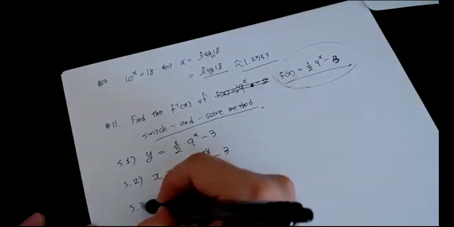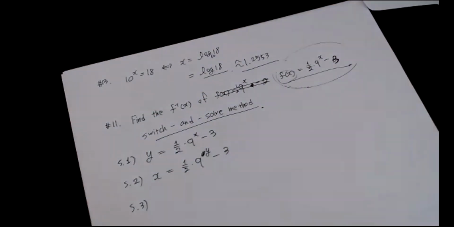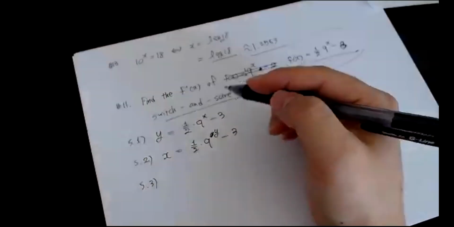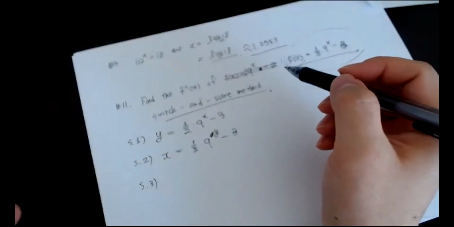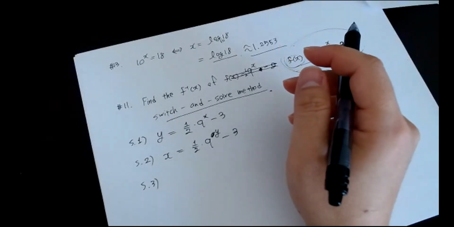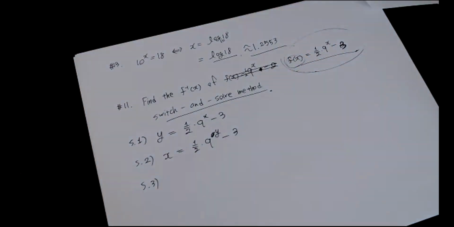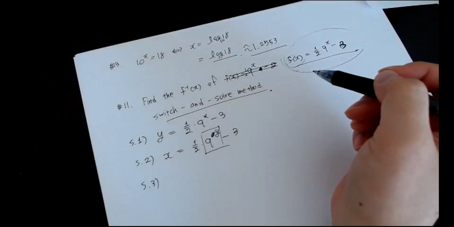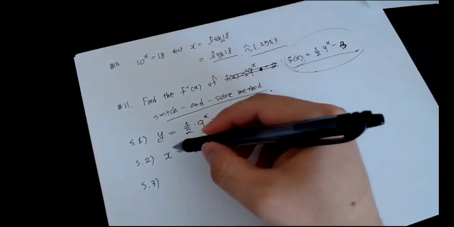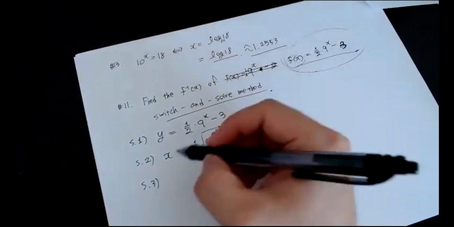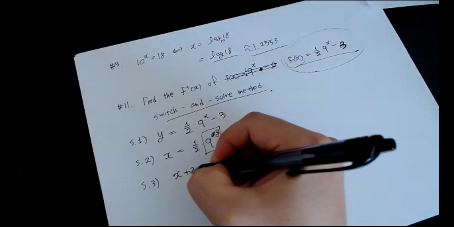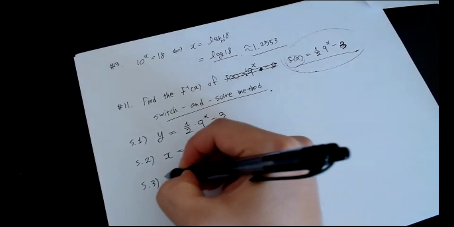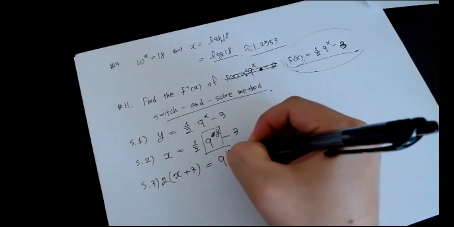Now we solve that equation for y. If it's an exponential or log function, to solve the equation you have to isolate the exponential term or log term. In this case, I'm going to isolate the exponential term, 9 to the y's power. So I'm going to add 3 and then multiply by 2. Then we got x plus 3, times 2 is equal to 9 to the y's power.